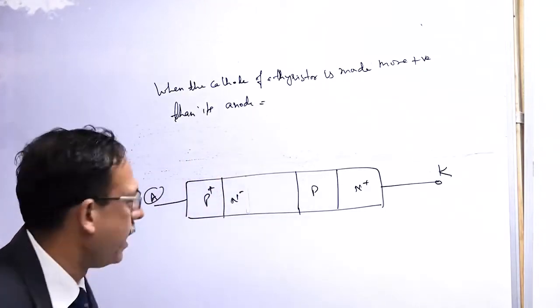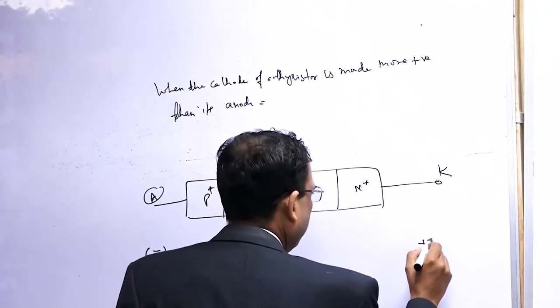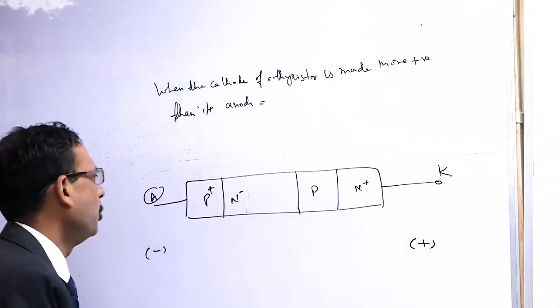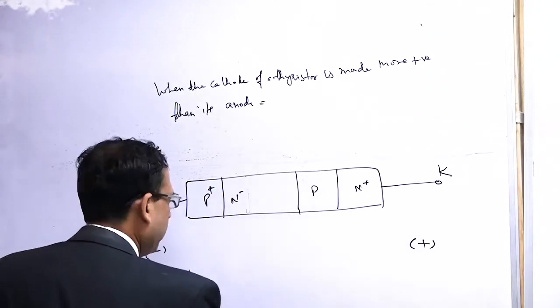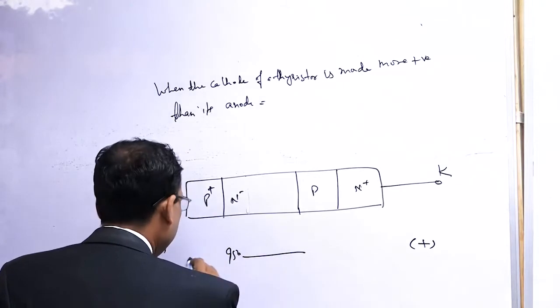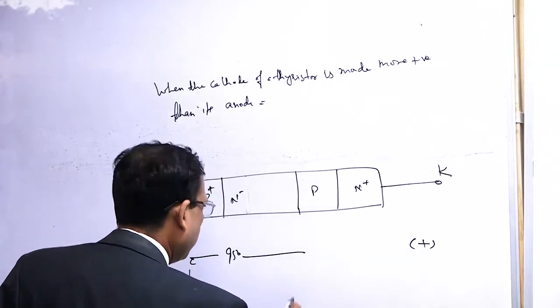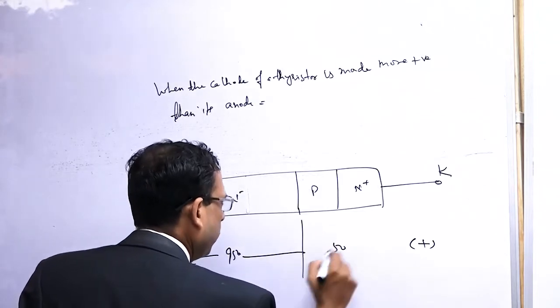I think Bakulji, you are right. So this is negative and this is more positive. So this is a reverse bias. So you know that if 1000 is the voltage across this, 950 will be the voltage across this. Let us say V is equal to 1000 volts, reverse voltage, and only 50 volts will be across this.